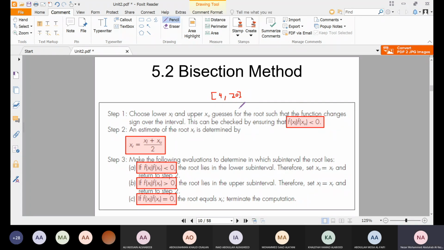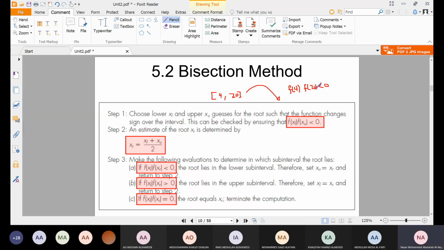After that, we have the first condition for the bisection method. We should have this condition valid: f of 4, the evaluation of the function at 4, multiplied by f of 20 should be less than 0. That means I have a change in sign between the upper limit and the lower limit.